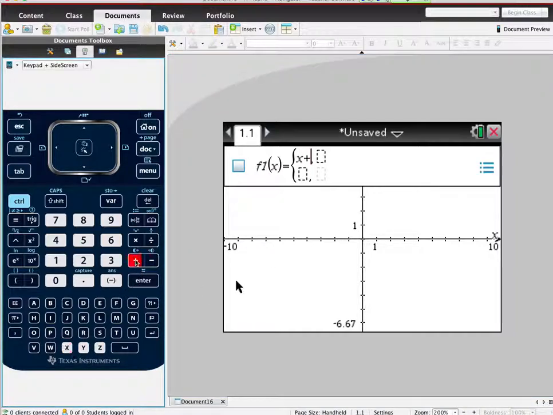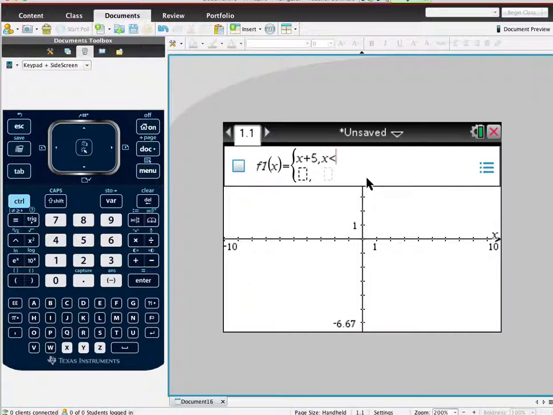So I have x plus 5, then I arrow over to get to the next space, and it is asking for x less than 0. So I do x, and here's where you get all your less than and greater than stuff. Control equals pulls up all your arrows. So we want less than on this first one.